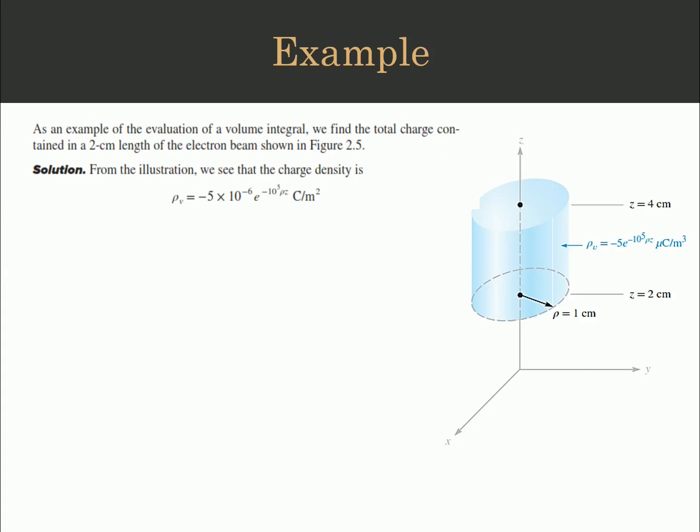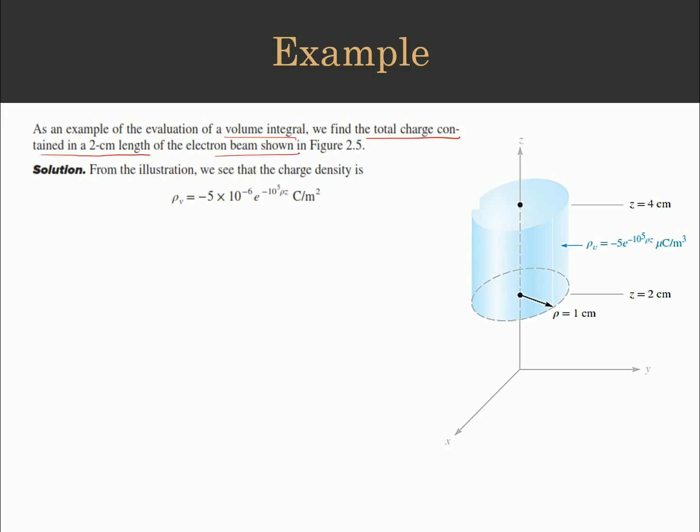So now let us look at an example and see how we can find the charges inside any arbitrary volume. In this example, we have been asked to evaluate the volume integral, and we need to find the total charge contained in the 2 centimeter length of electron beam shown over here.